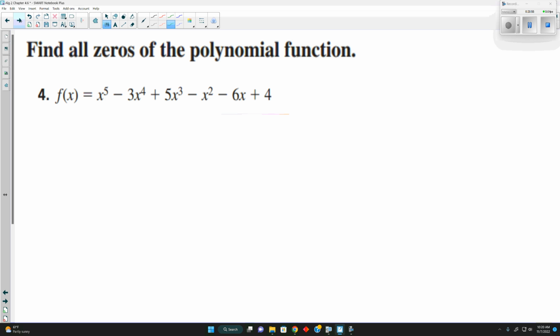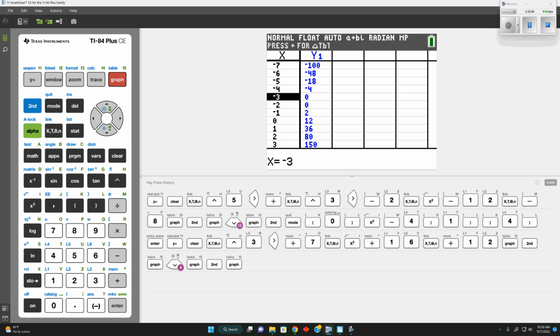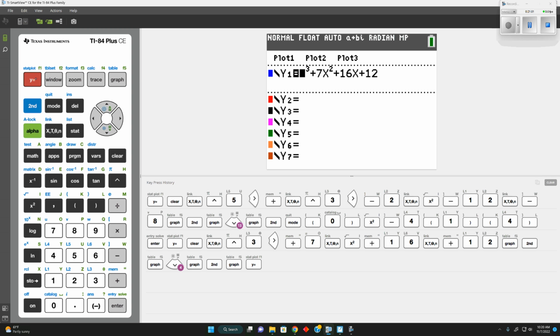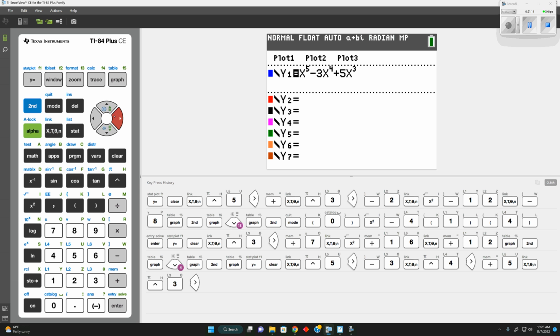Find all the zeros for this polynomial function. So again, the first thing I would do is graph it. x to the 5th minus 3x to the 4th plus 5x to the 3rd minus x squared minus 6x plus 4.